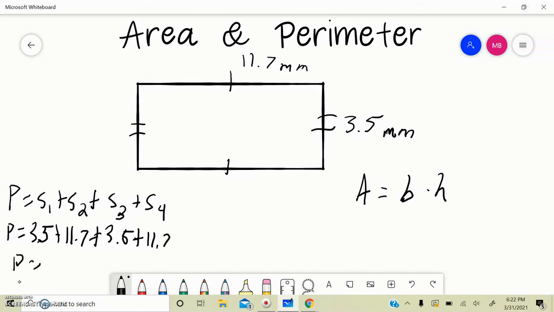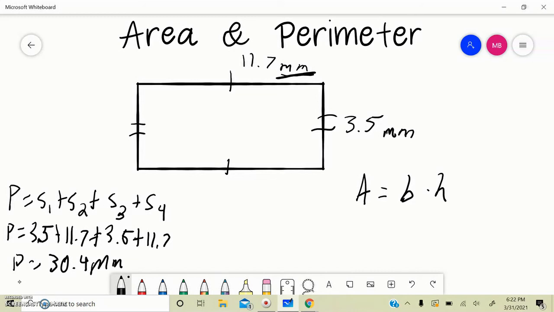When you do that addition, you get 30.4. Am I done? No. What am I missing? My units. Very good. So I'm going to put millimeters. So my perimeter is 30.4 millimeters.